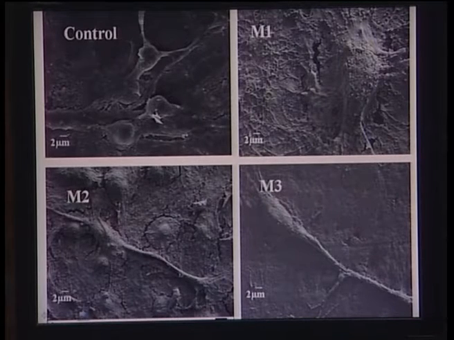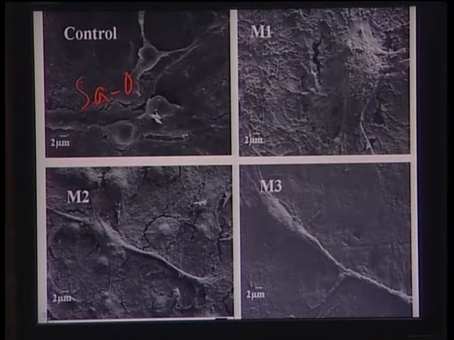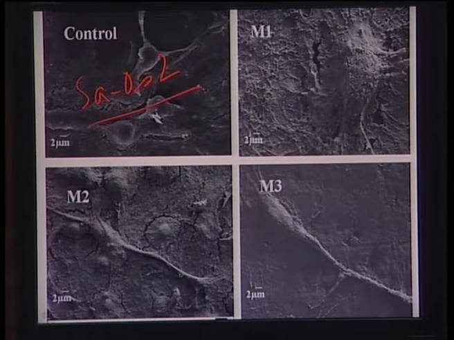Now coming to the in vitro cell compatibility testing, or cytocompatibility testing, we have used the SaOS-2 cell lines. SaOS-2 is a human osteoblast-like cell line, and these osteoblast-like cells were seeded for 24 hours on these materials. Now this is your control sample.